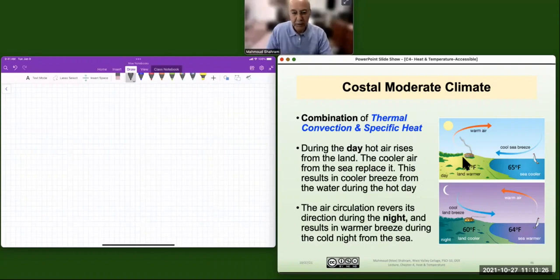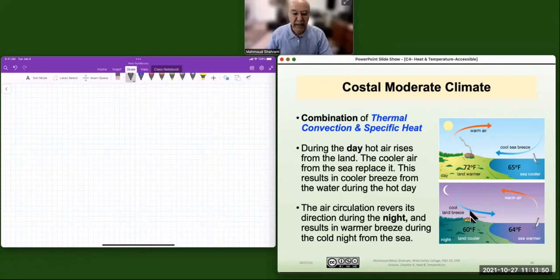So that's what you want, right? A nice breeze during the hot day. What happens at night? When the night comes, the land loses the heat quickly. It goes down below the temperature of the water, say, around 60 Fahrenheit.